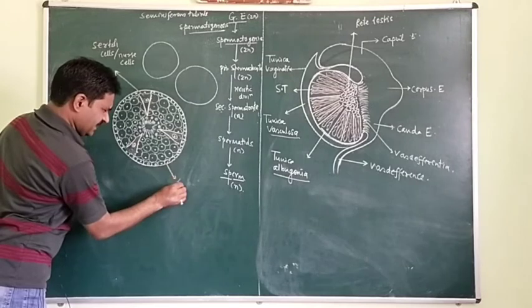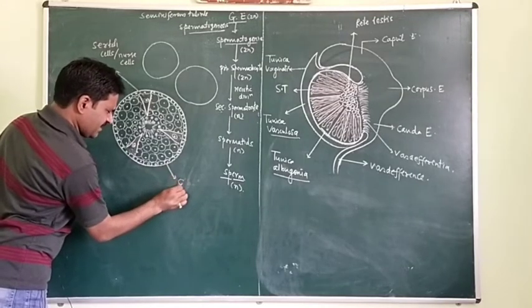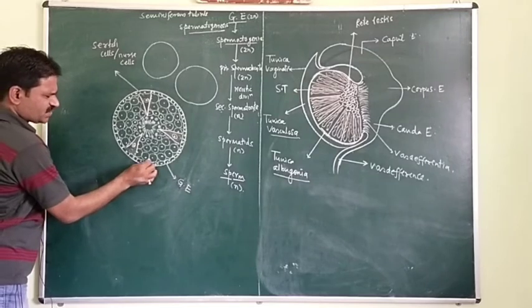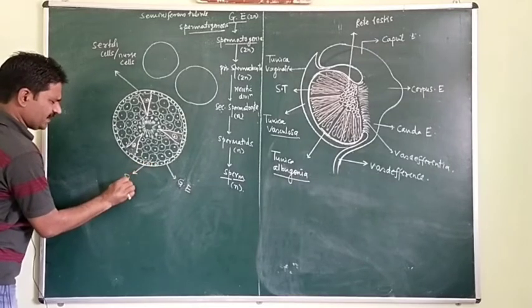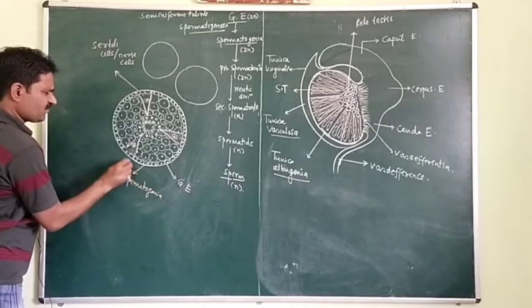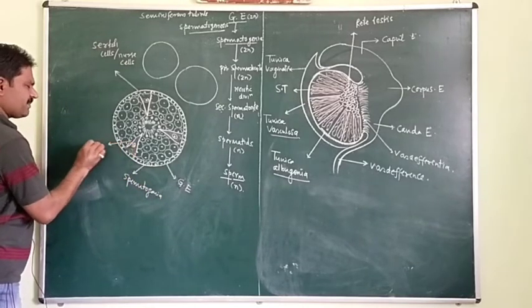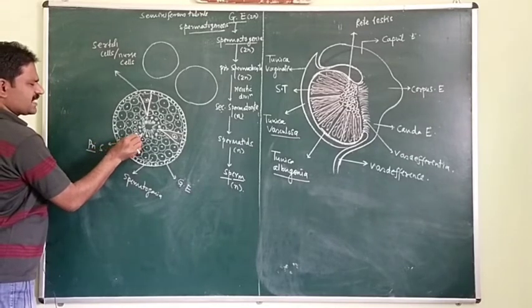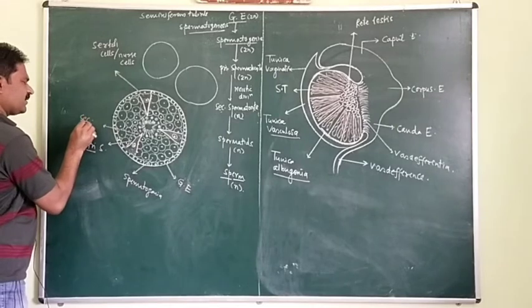This is the germinal epithelium. The germinal epithelium divides to form spermatogonia. Spermatogonia divide to form primary spermatocyte. Primary spermatocyte divides to form secondary spermatocyte.